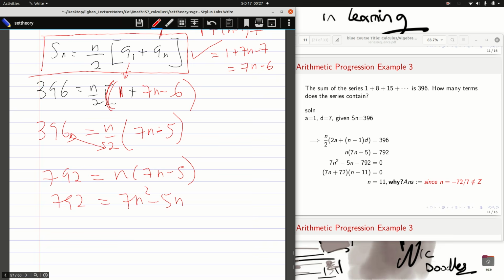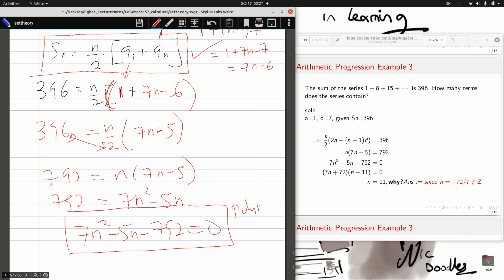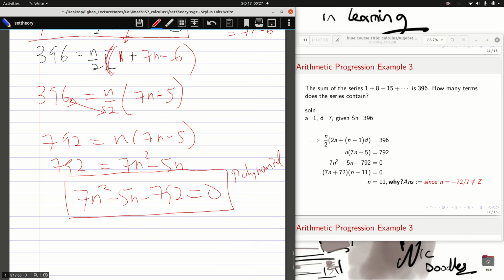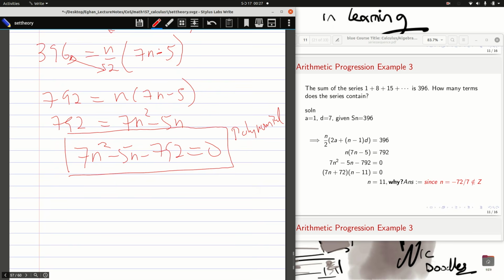I can move everything to the other side. I have 7n squared minus 5n minus 792 equal to 0. What do you see here? This is a polynomial. We saw sets, now we are seeing a polynomial. This is of degree 2, so it is quadratic.